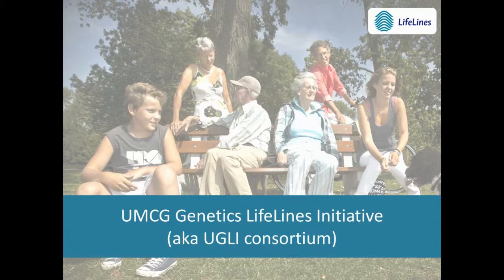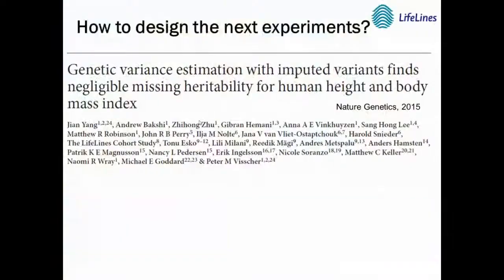So what about the UMCG Genetics LifeLines Initiative, also known as the UGLI Consortium? Well, we were involved in collaborations with a group from Peter Visscher in Australia, and they were also using some of the LifeLines data. This is really a very pioneering group, publishing lots of different methods, but also very innovative ideas in what to do next.